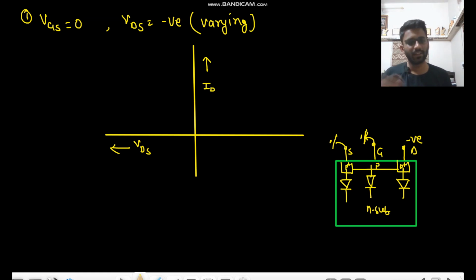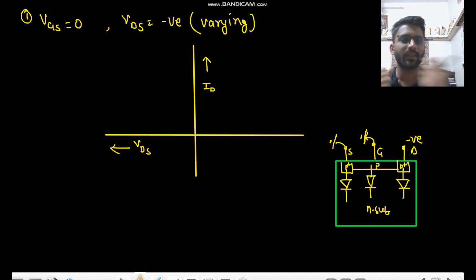I will just say it once more. We are applying VDS to be negative. If we keep on increasing the VDS value in negative direction, the reverse bias increases from the drain side. If the reverse bias is increasing from the drain side, the depletion region is getting increased on the drain side.